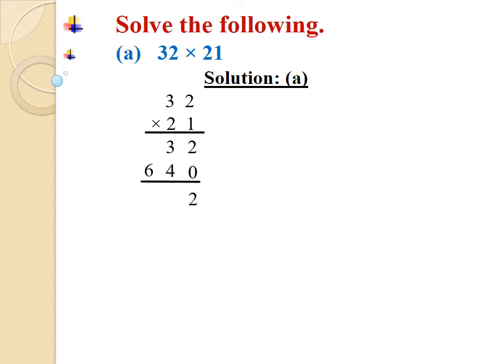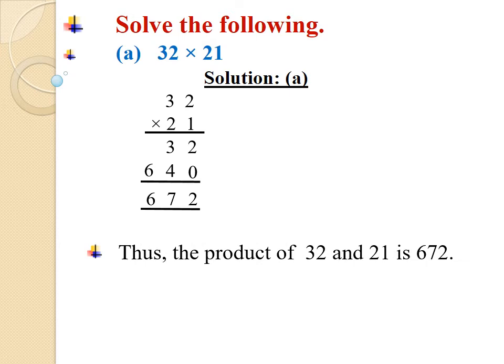Now adding 3 plus 4, we get 7. Now writing 6 as it is, as there is no digit to add. Thus, the product of 32 and 21 is 672.